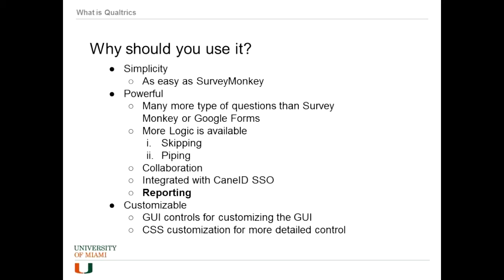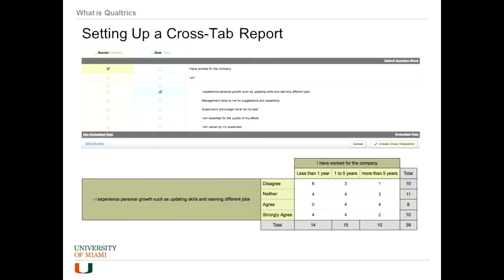And finally, you have a lot of reporting options available in Qualtrics. I mentioned this earlier, a crosstab report is really just as simple as picking which question you want across the top, and which one goes along the side.